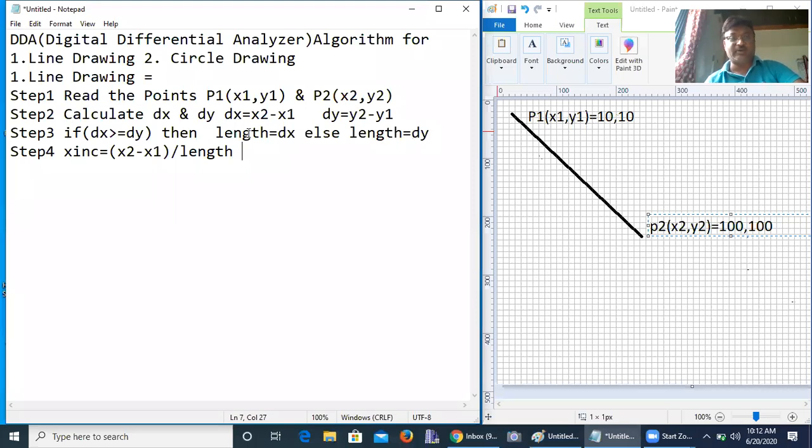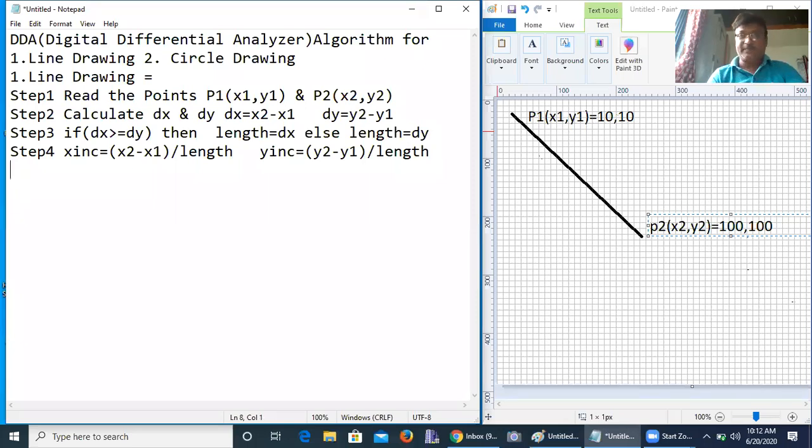Once you have calculated the length, you calculate the x increment and y increment. Here x increment is x2 minus x1 divided by length, and y increment is y2 minus y1 divided by length.